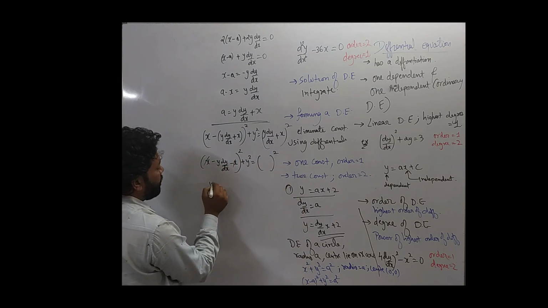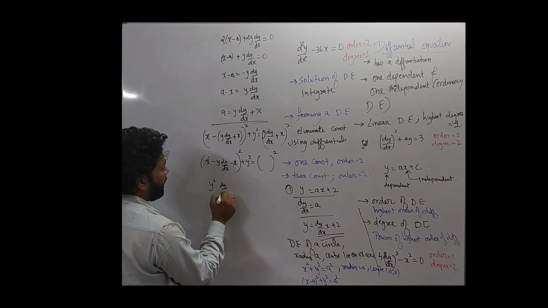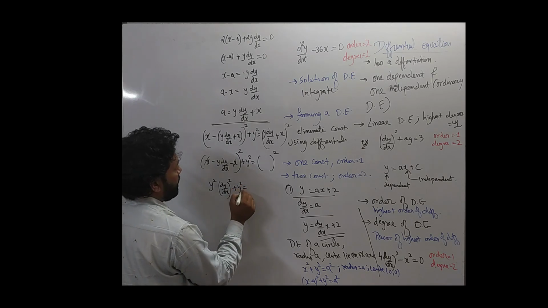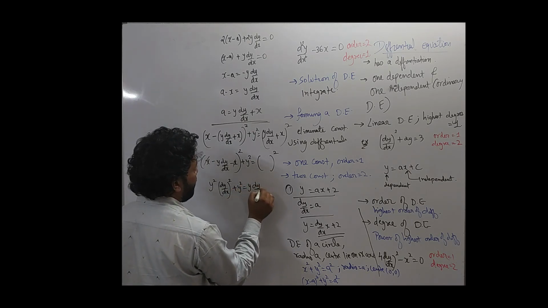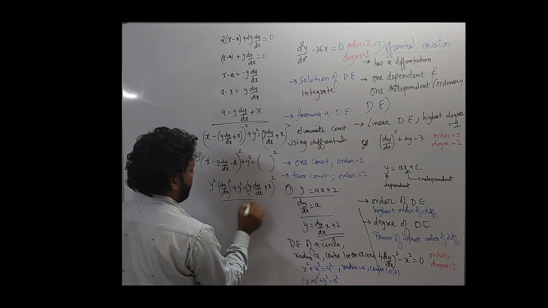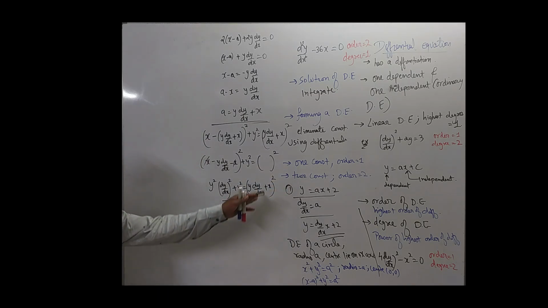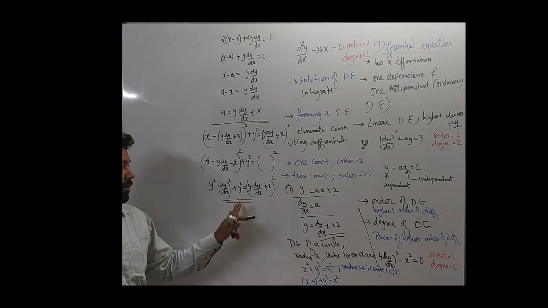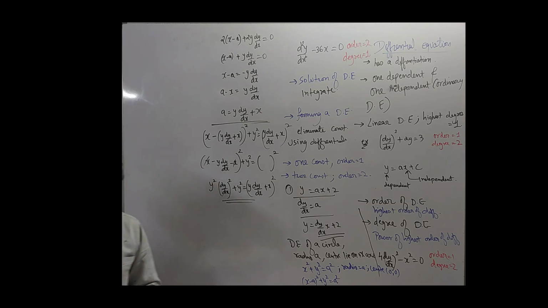The square of this would be y²(dy/dx)² + y² = (y dy/dx + x)². If you want, you can still open up the square and write it further, but this is the differential equation of a circle as per this given condition.